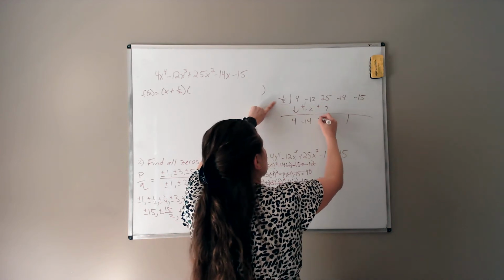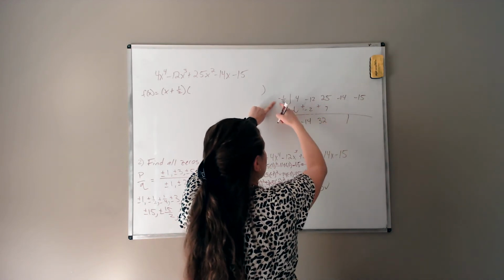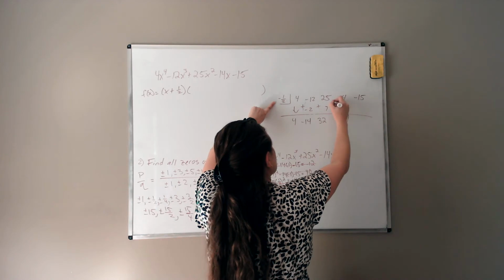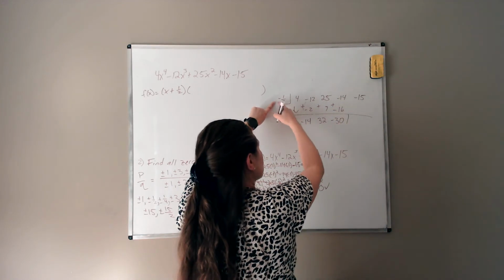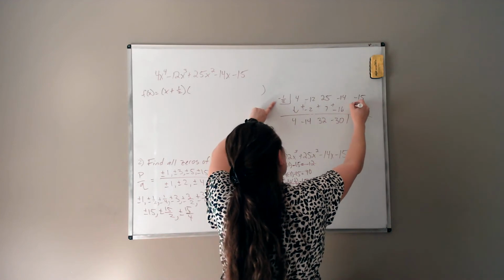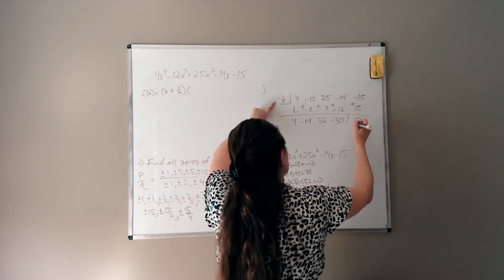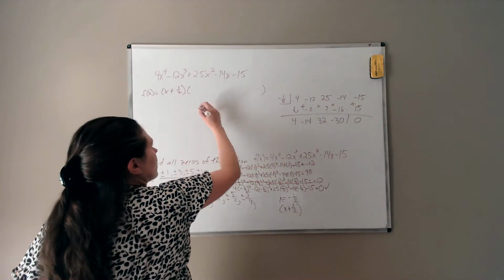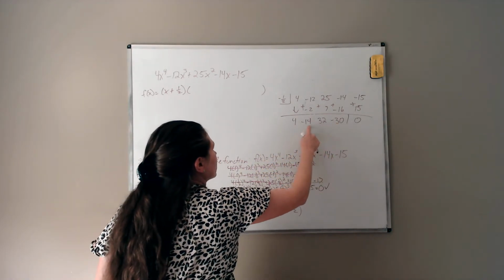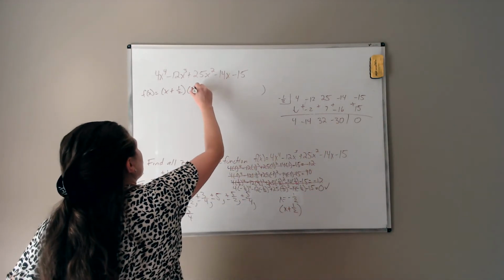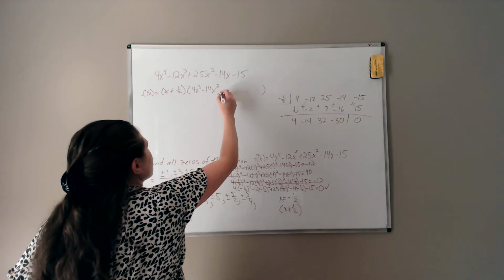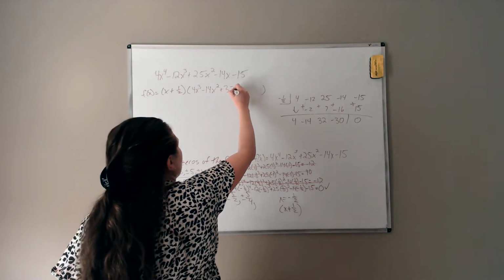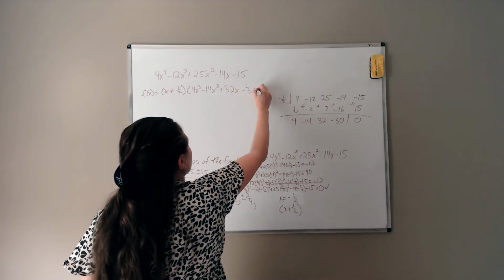That gives us 32. Half of 32 is negative 16. Add that column, we get negative 30. Negative 30 times negative 1/2 is 15. We add that up and we get 0. That gives us constant, linear, quadratic, cubic term. So 4x to the third minus 14x squared plus 32x minus 30.